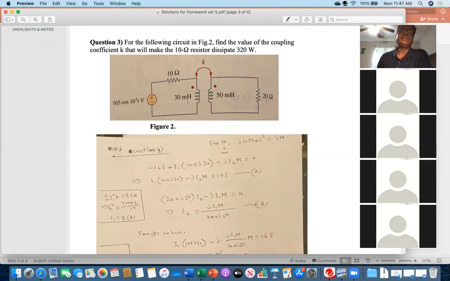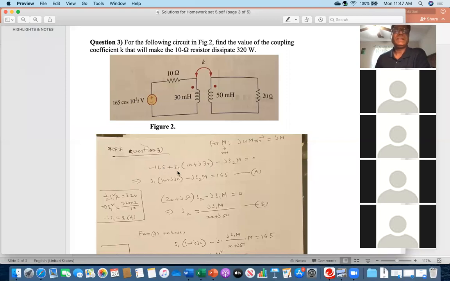Then you need to convert these two inductors into reactances. Because this is 30 millihenry, jωL with omega 10 to the power 3, ultimately you will get j30 and j50 here, and 10 and 20 as they are. And here the source value is 165 at an angle of 0 degrees.